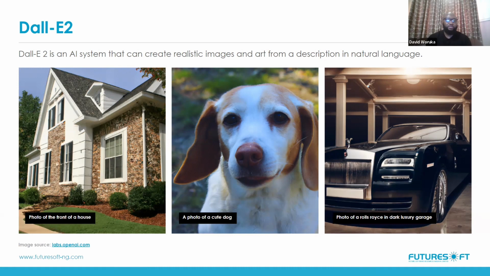If you take the prompts I've used there, especially given that these were very simple prompts, you may not be able to get exact or even closely related images. For the house, I just said photo of the front of a house. For the dog, a photo of a cute dog. And for the car, I stated photo of a Rolls Royce in a dark luxury garage.